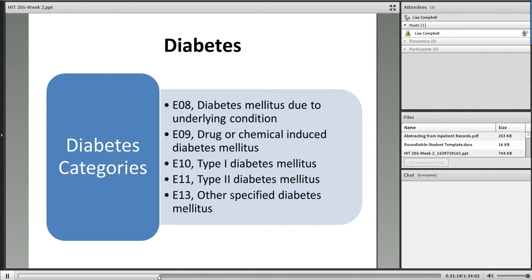So you'll notice things like cataract, hyperglycemia, hypoglycemia. Okay. The next big area of subterms under diabetes is due to underlying condition. So remember, that is category E08. And you'll notice that those codes begin with E08 and then at some point they end.